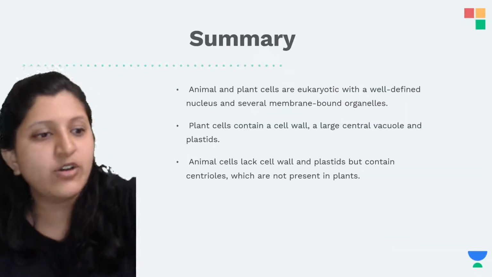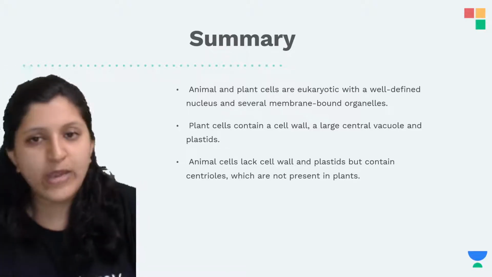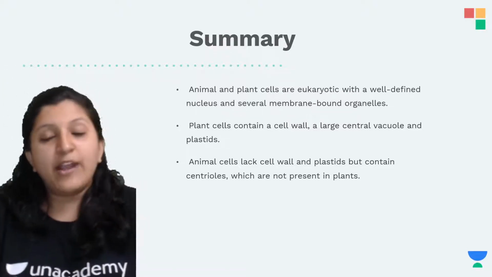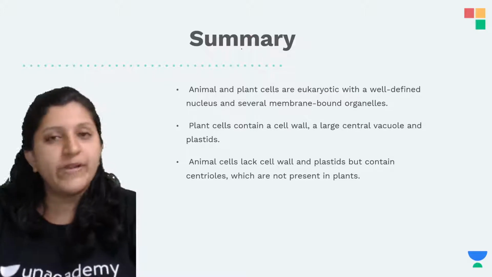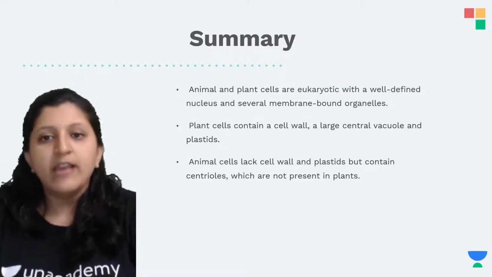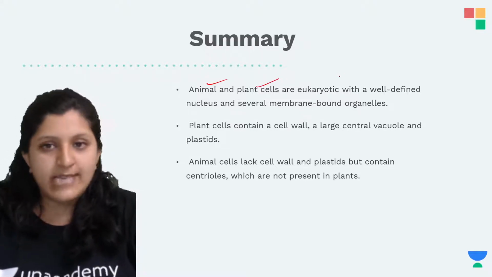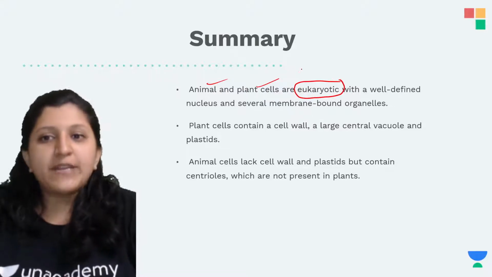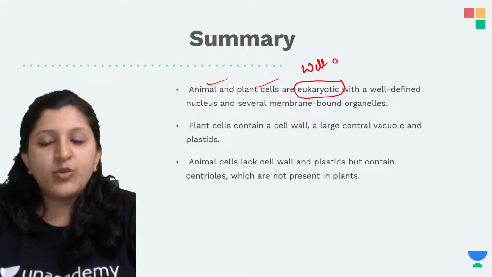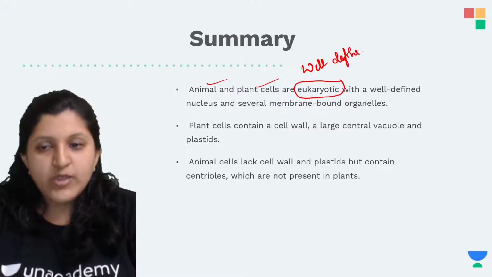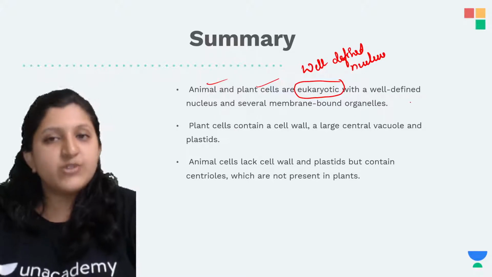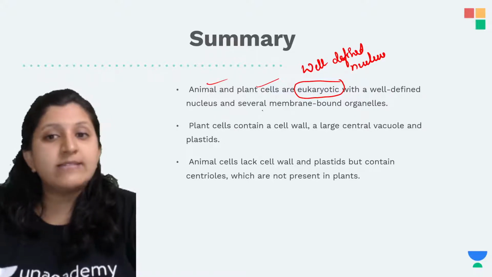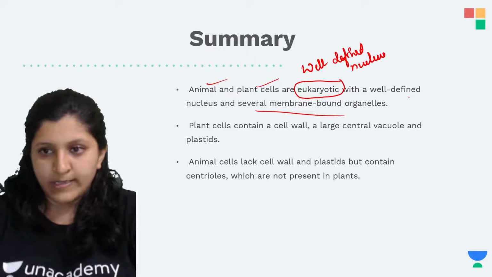Next, before I end this one, let's have a look at the summary, and I also have some questions, so we will discuss the questions also. Animal and plant cells are both eukaryotic, that means a well defined nucleus we can find, and several membrane bound organelles.